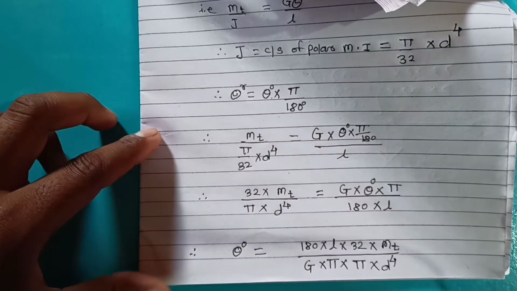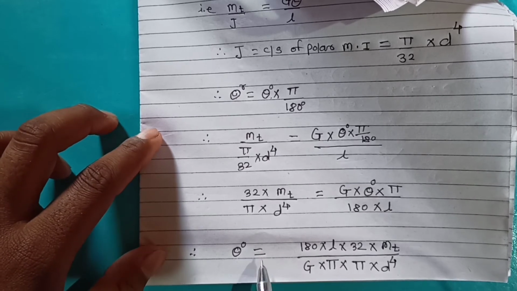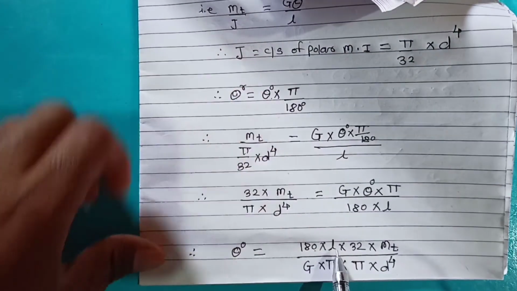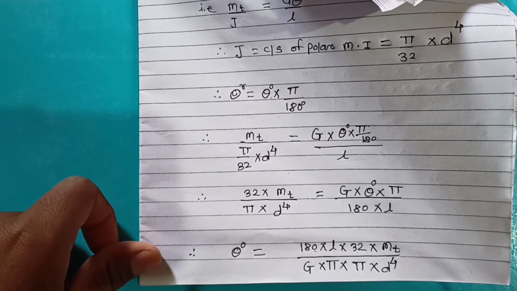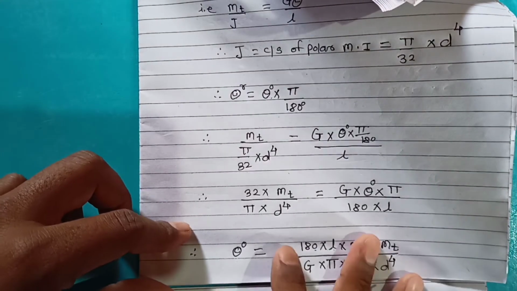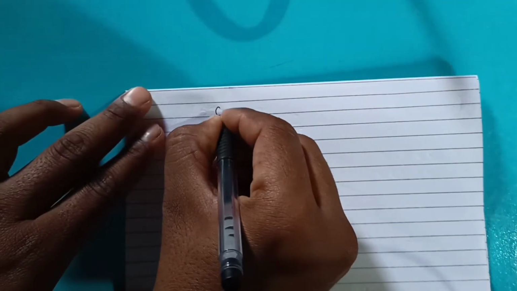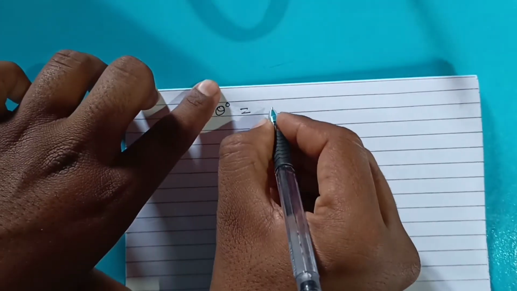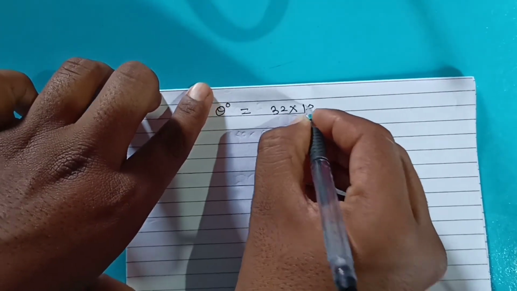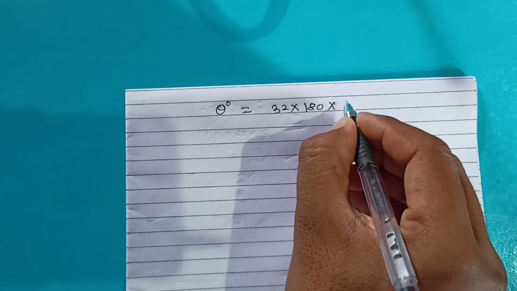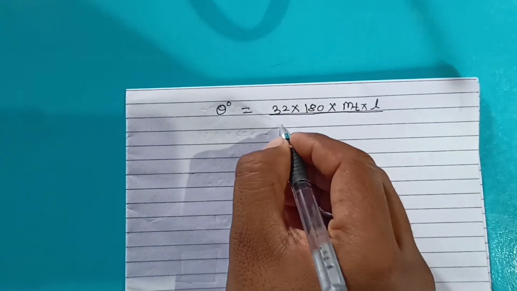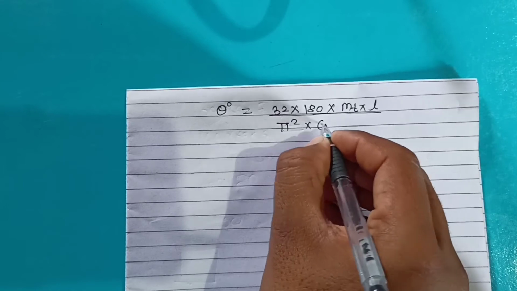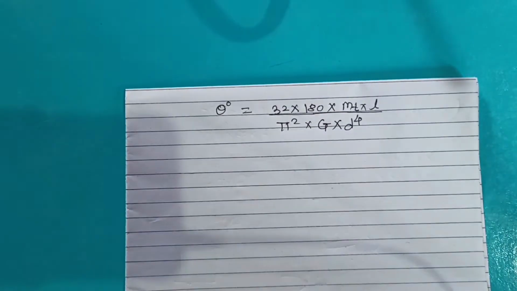Solving, theta in degrees is equal to 32 into 180 into Mt into L divided by pi square into G into d raised to 4.